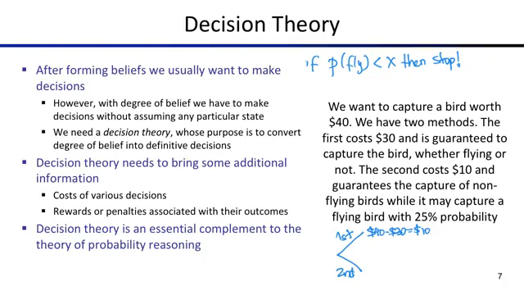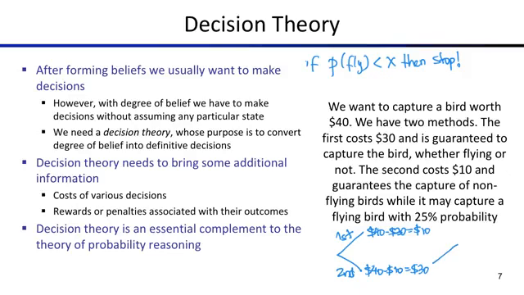For the second method, it's a little bit more complicated. It is cheaper. It costs $10, so we have a larger profit. It's going to be $30, but it works differently. For non-flying birds, it captures for sure, and if it is a flying bird, it only captures with 25% probability.